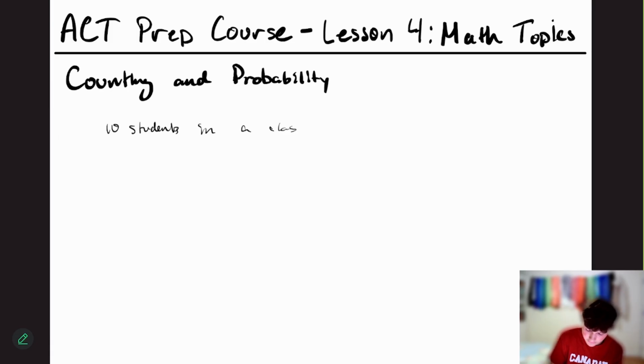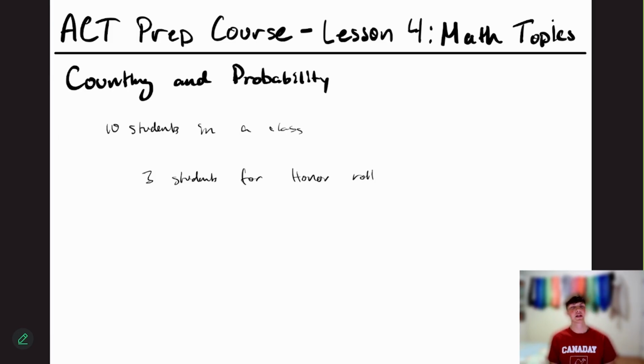The teacher is going to select 3 students for honor roll. So 3 students are going to get selected for honor roll. Okay. How many combinations of students can possibly be selected for honor roll? If the teacher is just picking them at random or making a conscious decision, but either way, they still have to pick 3. The teacher has to pick 3. How many different sets of 3 students can be picked?